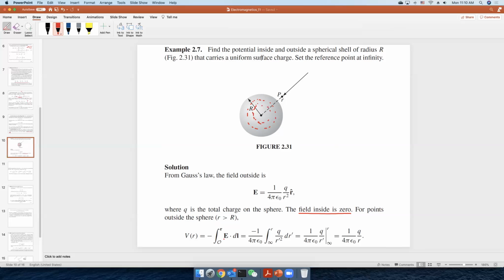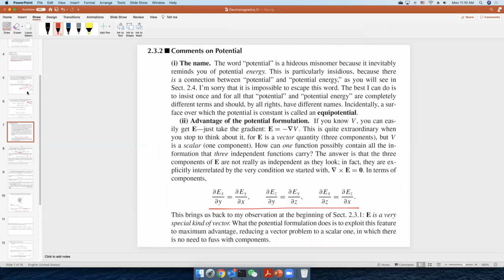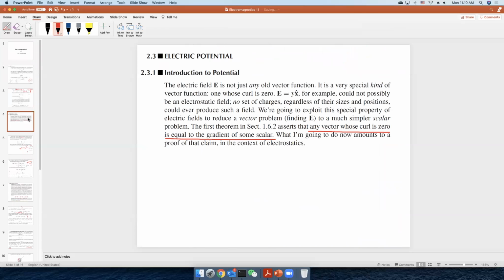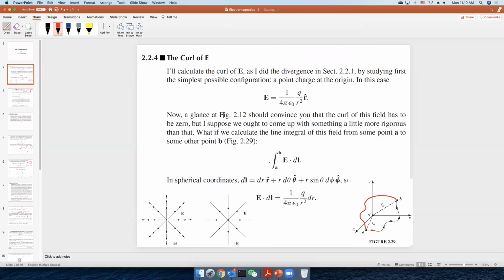We have calculated this many times, which has been shown in these slides here. So E dot dl equals this equation, because dl is this equation.